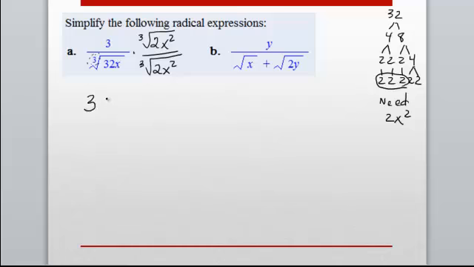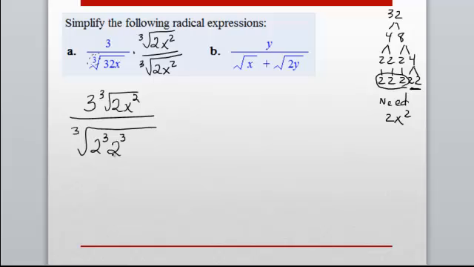So you end up with 3 times the cube root of 2x squared all over the cube root of, now I'm going to use the 32x from over here, so that would be 2 cubed, and then we have these 2 2's and this 2, so that would be 3 more 2's, and then we have x times x squared, which is x cubed.